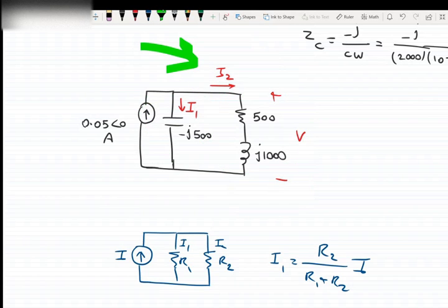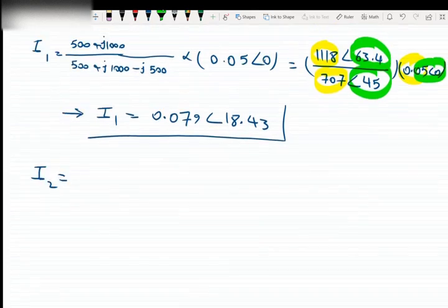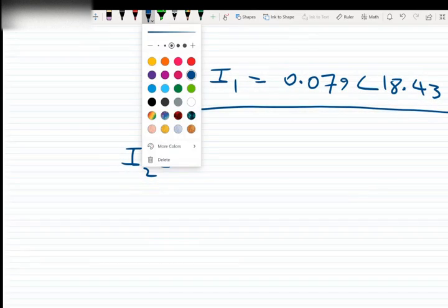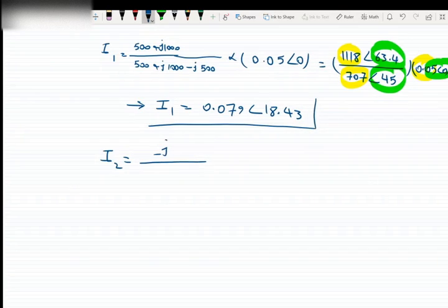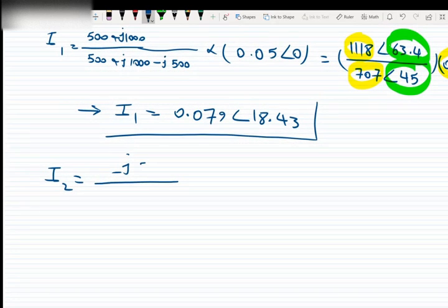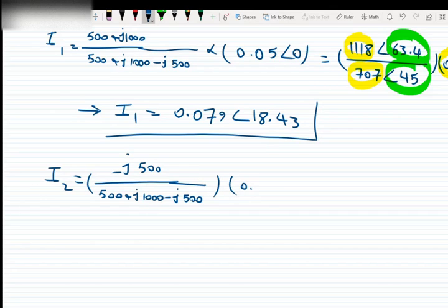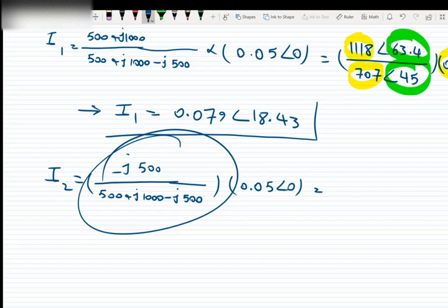So we will have the other impedance, which is negative j500, over total impedances, which is 500 plus j1000 minus j500, times total current, which is 0.05 with the angle of 0. We need to convert these values to polar form.